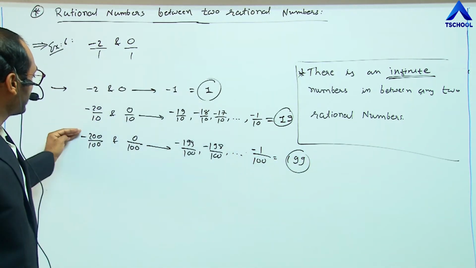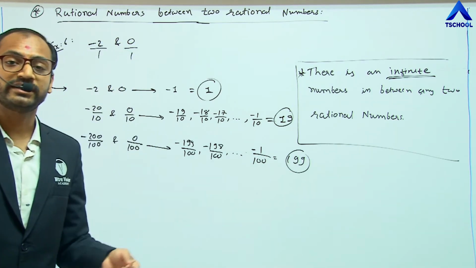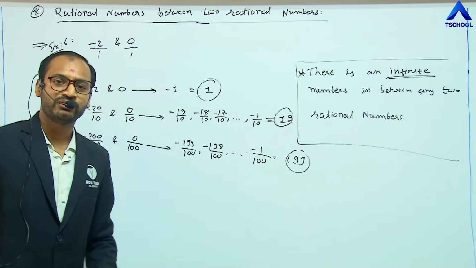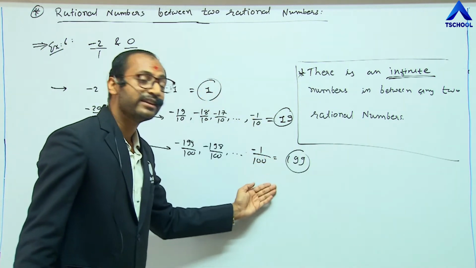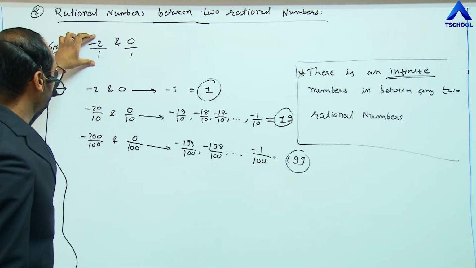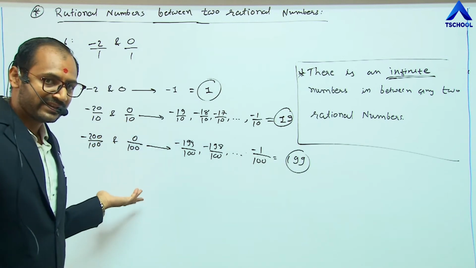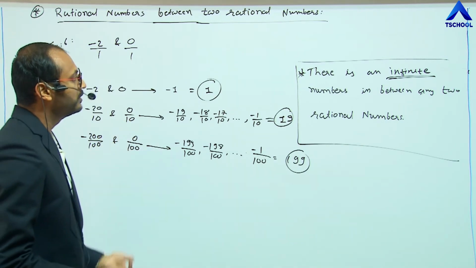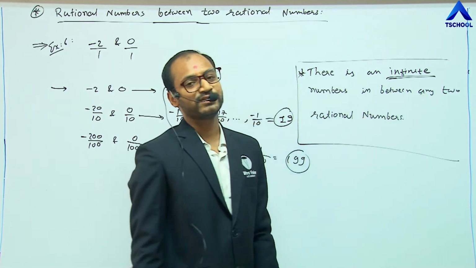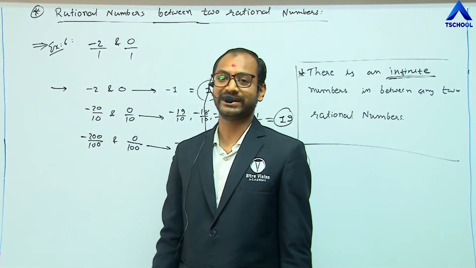If I multiply by 1000 in numerator and denominator, we get another 1999 rational numbers. So we cannot count the total rational numbers in between these two. So the answer is, there are infinite numbers in between the given two numbers. Clear? It is not finite.